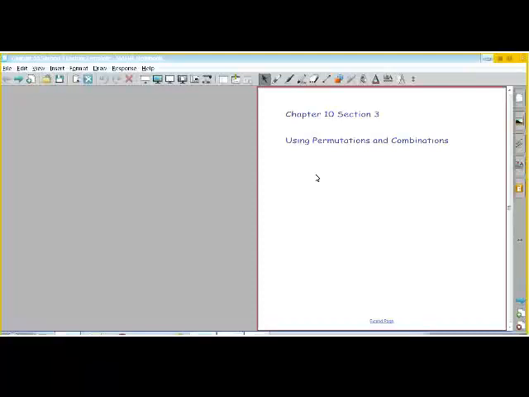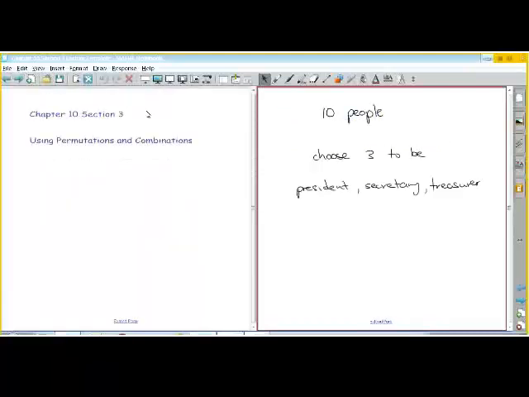But because they are something that happens quite frequently, we give them special names. And there's a formula that allows you to evaluate what the total number of arrangements are if it is a permutation example or a combination example. So we have to be able to identify whether the question they're asking is a permutation question or a combination question.